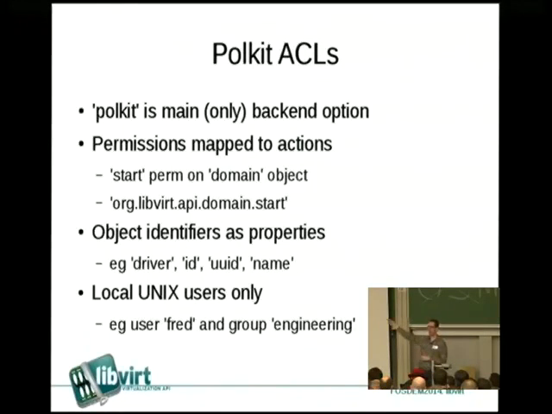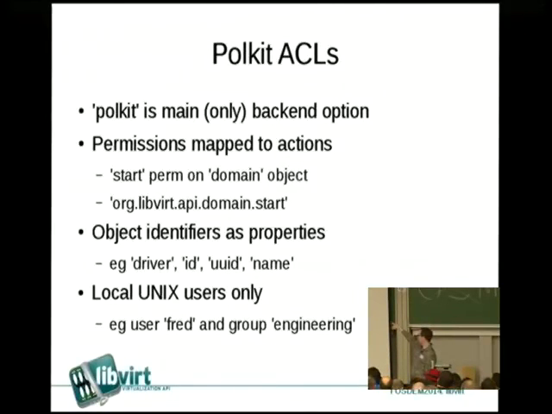So there's a variety of different ways to identify the objects that you want to control. And finally, you've got to identify the user that you're trying to restrict access to. And currently, due to limitations of PolicyKit, we can only identify local Unix users. So this mechanism is only useful if the thing you're trying to control is running on the same host as Libvirt, talking to it over the Unix domain socket, because we need to know the local Unix user that's calling the APIs.